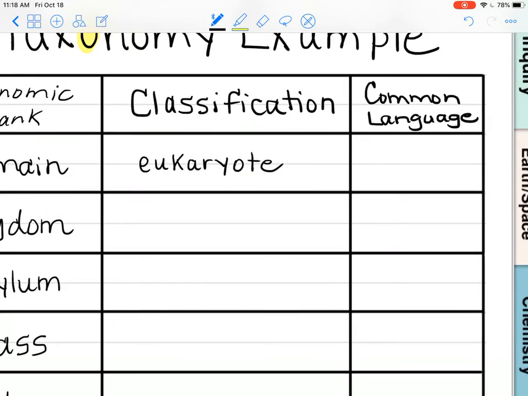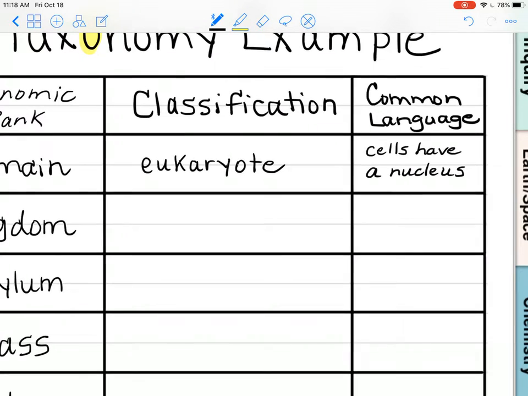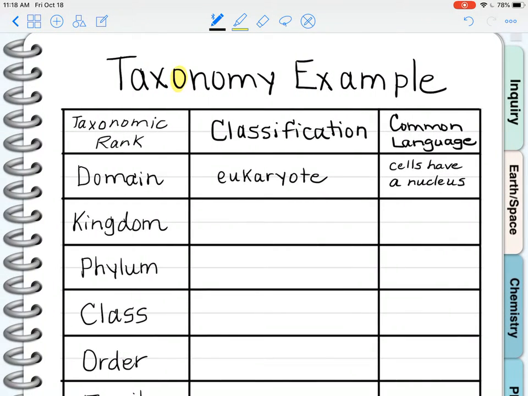Do you remember? Think way back what eukaryote means. It means that the cells have a nucleus. And you might be thinking, well, so what? That means nothing to me. Really, all that tells me is that this creature is not a bacteria, that it is something a little more advanced than a bacteria.